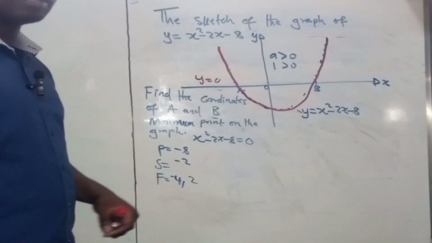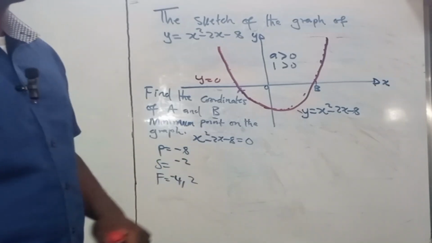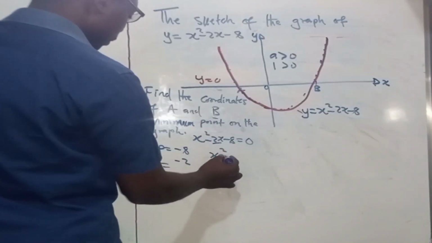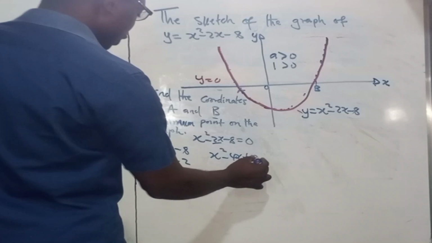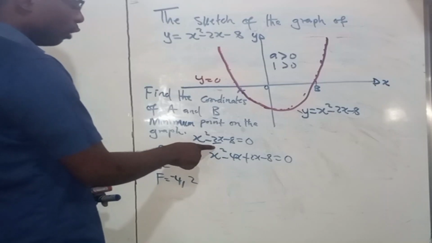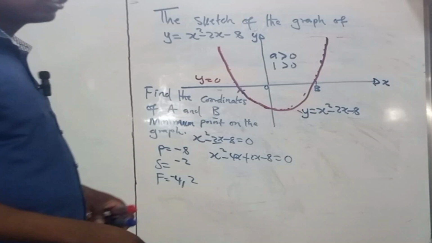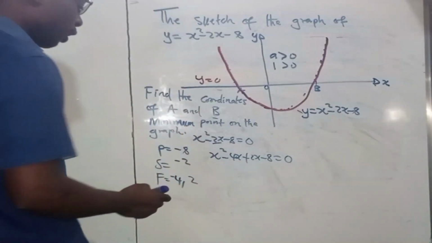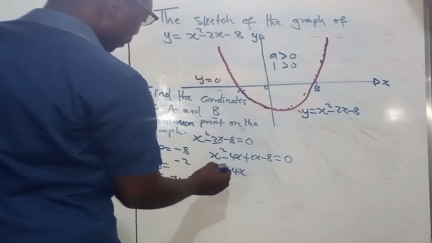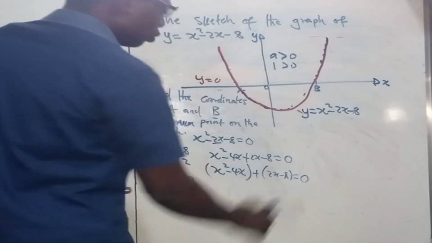If we multiply negative 4 times 2, we get negative 8, and when we add negative 4 plus 2, we get negative 2. So I substitute: x squared minus 4x plus 2x minus 8 equals 0. I have written negative 2x as negative 4x plus 2x so that I have 4 terms. Now I group: x squared minus 4x, plus 2x minus 8, equals 0.